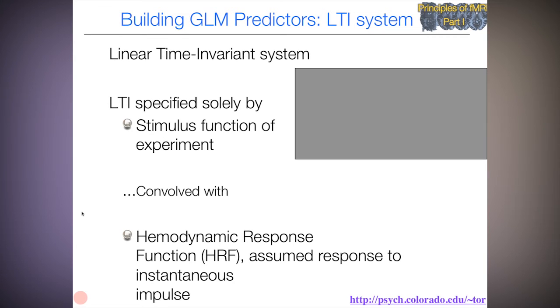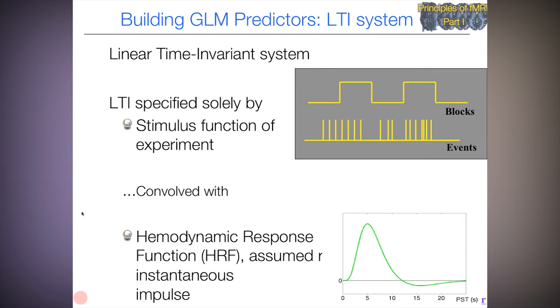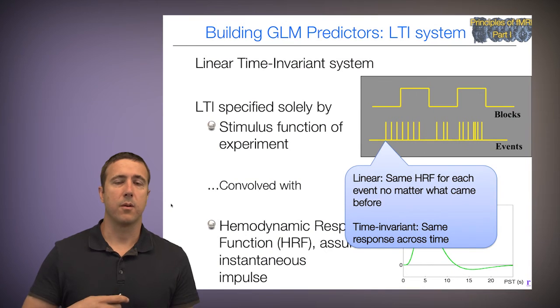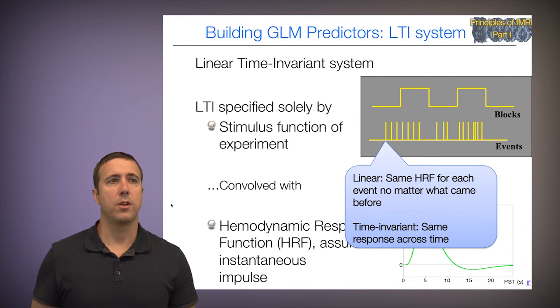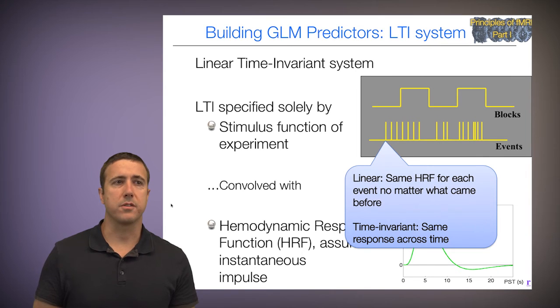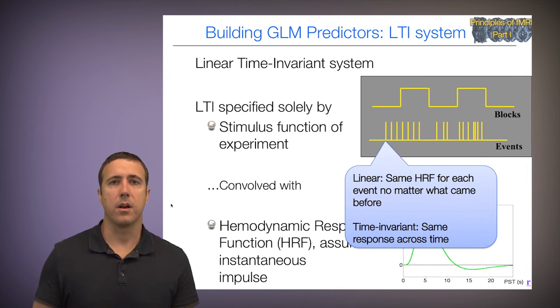The LTI system is specified by the stimulus function of the experiment, which can be blocks or events, convolved with a hemodynamic response function, and that's the assumed impulse response. And it's linear because we have the same HRF, the same rise in BOLD, no matter what came before for each event. And it's time invariant because those responses are the same across time. They don't change.